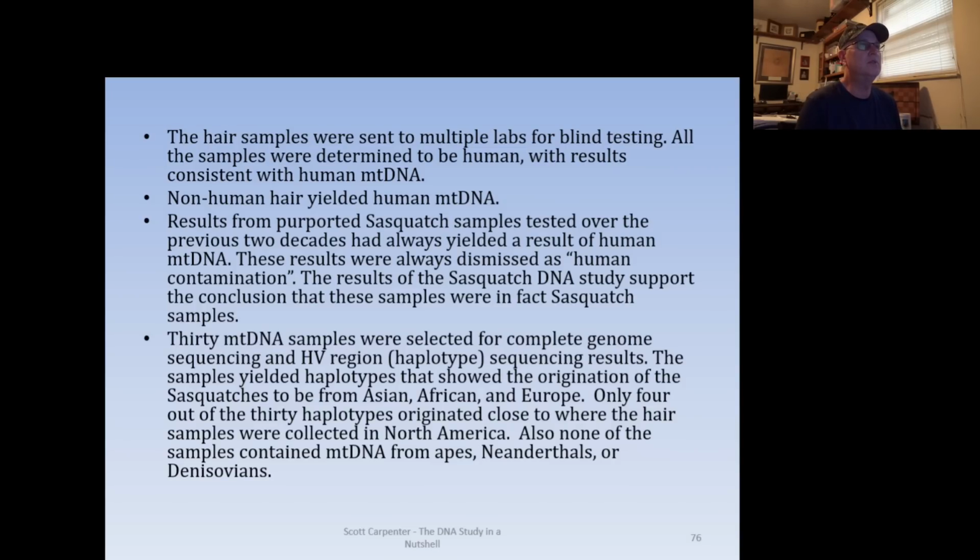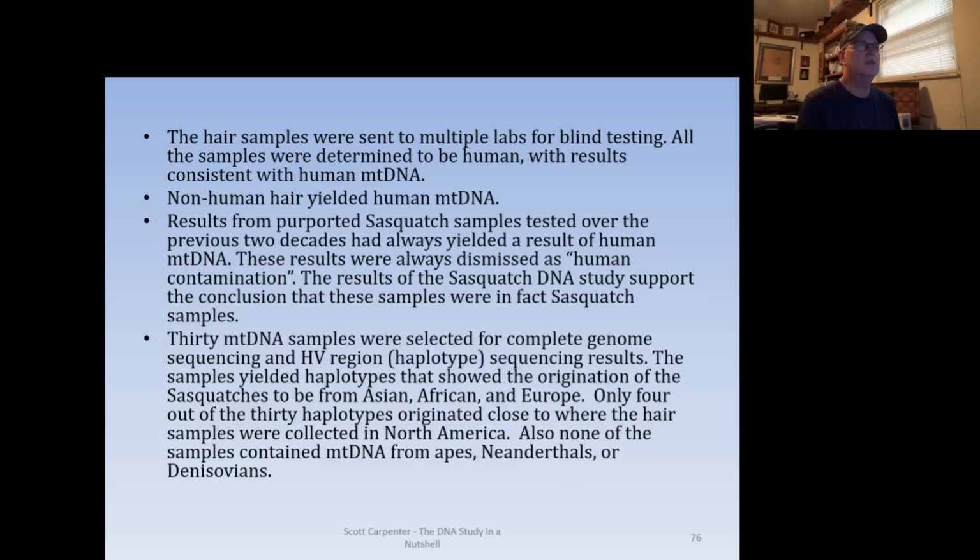All the samples were determined to be human, with results consistent with human mitochondrial DNA. Non-human hair yielded human mitochondrial DNA. Said it 1,000 times. Results from purported Sasquatch samples tested over the previous 2 decades had always yielded a result of human mitochondrial DNA. These results were always dismissed as human contamination.